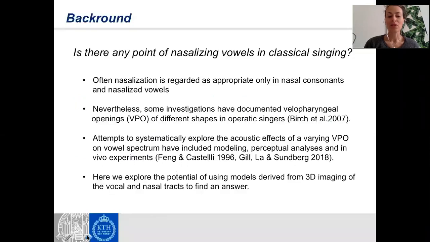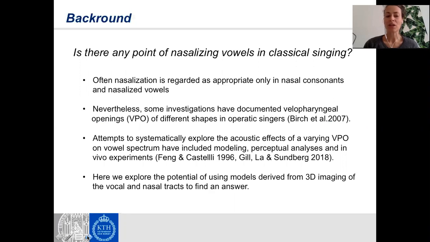So what is this about? When we talk about nasalization in singing, it's a controversial issue. However, there are some investigations that have shown and documented velopharyngeal openings in operatic singers. And there is also some data in terms of mathematical modeling, perceptual analysis, and some in vivo experiments during the last years.